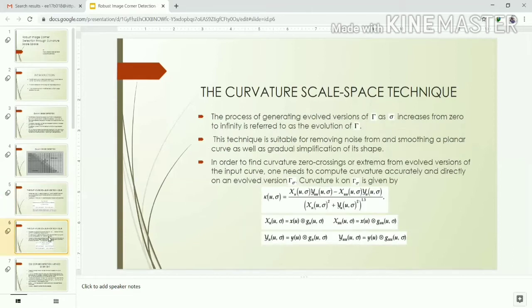As you can see, k of mu comma sigma is given here, where x of mu comma sigma is equal to x of mu convolution g of mu comma sigma, and so on. We can see the formulas here. We can calculate the curve of the edge, and based on this particular formula we can proceed.